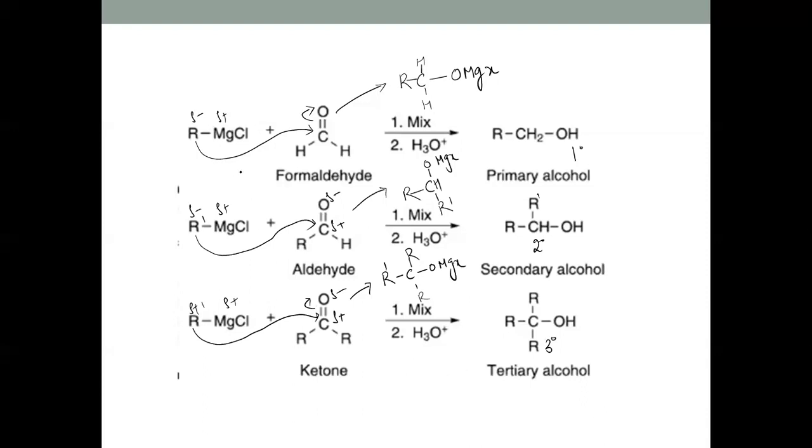So formaldehyde with Grignard's reagent gives primary alcohols, aldehydes other than formaldehyde give secondary alcohols, and ketones give tertiary alcohols.